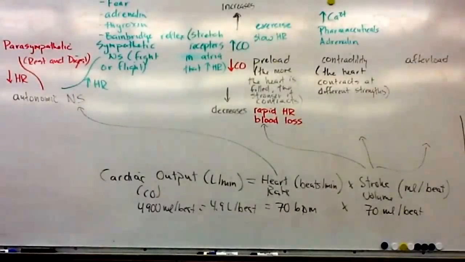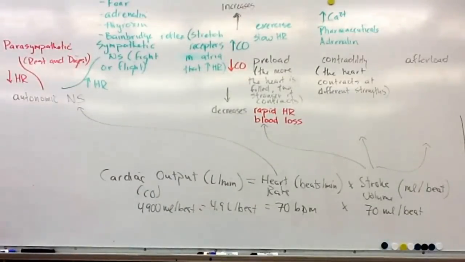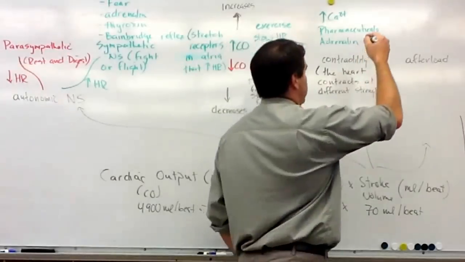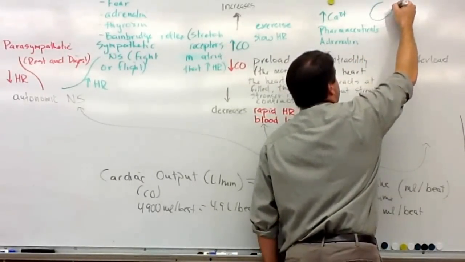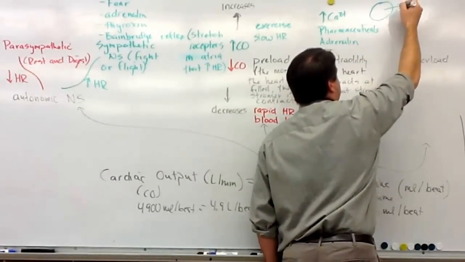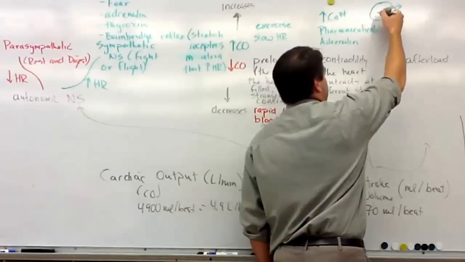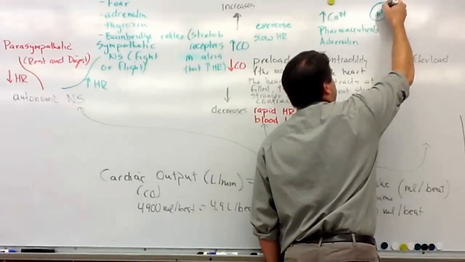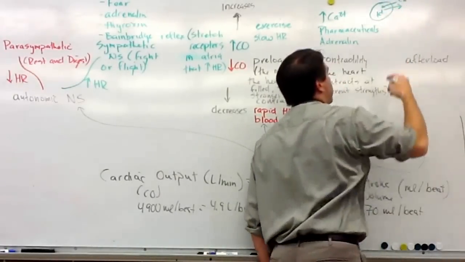What adrenaline does is it stimulates potassium channels. And maybe I can squeeze it in here. But remember when we talked about cardiac action potentials, that potassium is leaving as calcium is coming in.